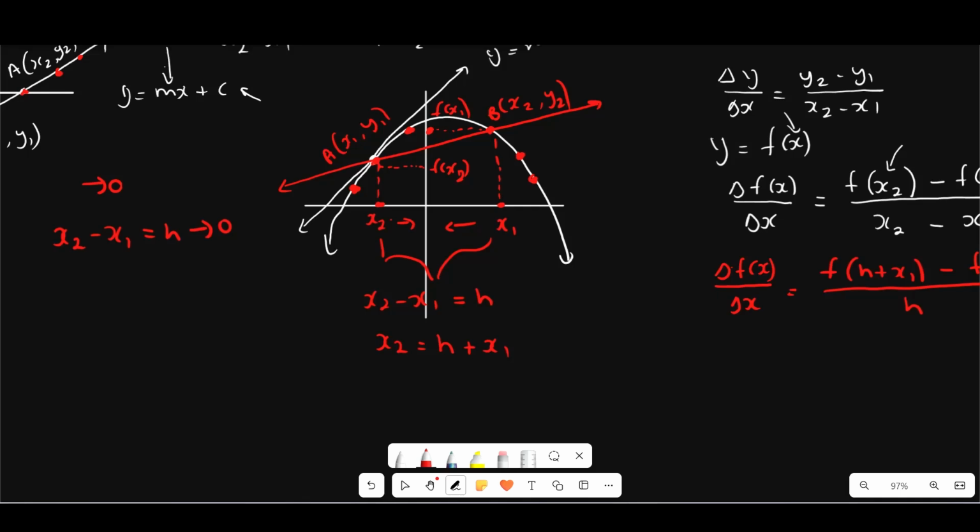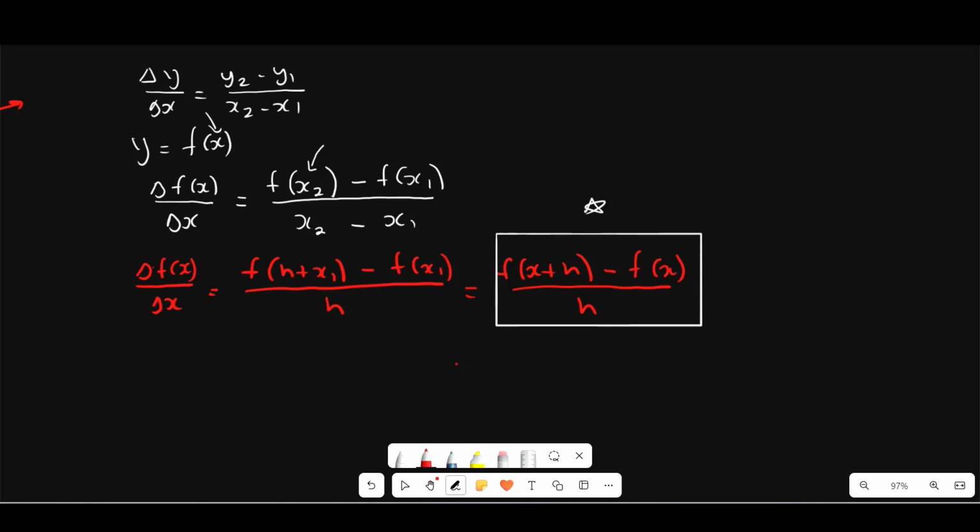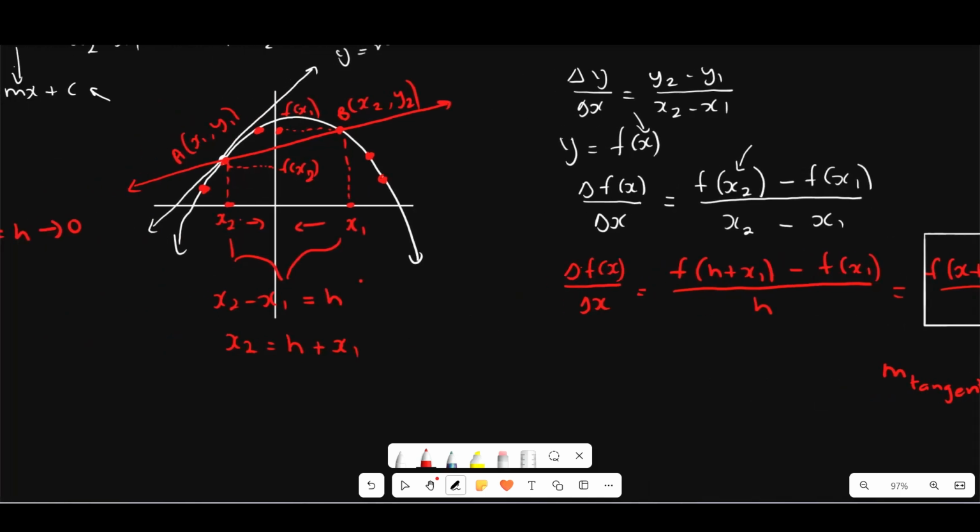It will approach zero, and hence in that case we will have the gradient of any tangent line on the curve function equal to the limit, because we are limiting our distance to becoming smaller and smaller, right? You want to see what happens in that case.